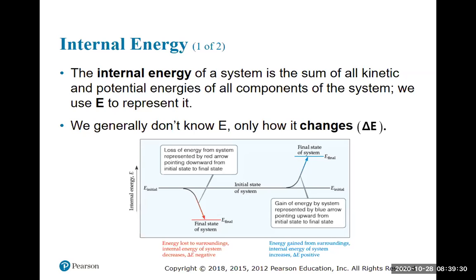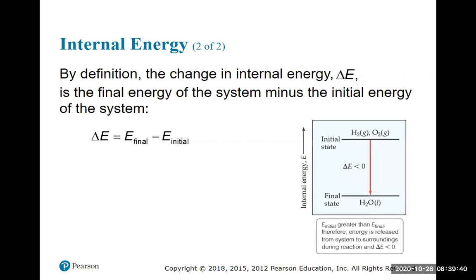And if we recall, when we talked about that energy flow, we're almost always talking about heat flow. By definition, that change in internal energy, delta E, is the final energy minus the initial energy. So final energy of the system minus the initial energy.